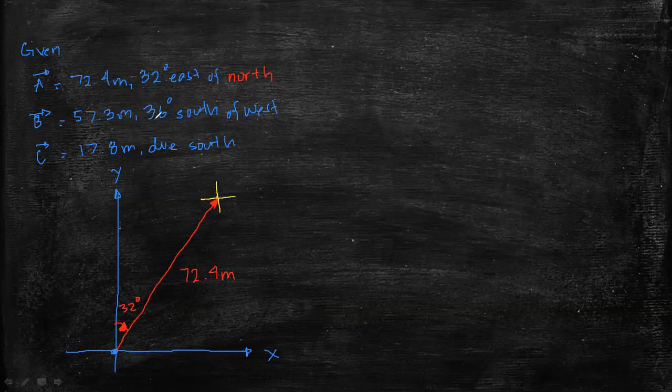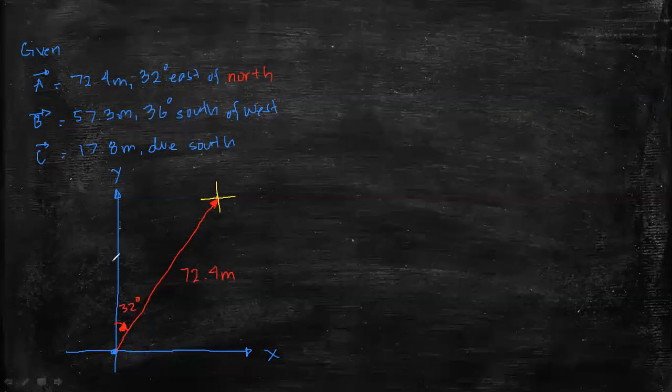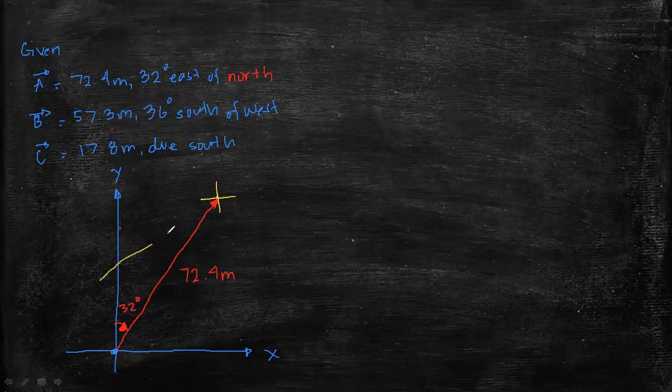So we will draw 36 degrees south of west. The magnitude is 57.3 meters.